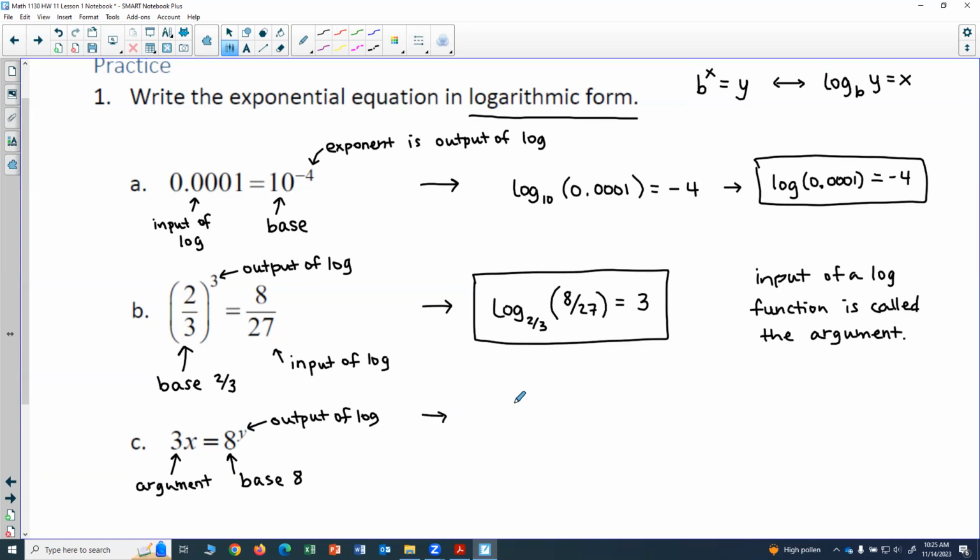So in logarithmic form, I'll have log base 8, because the base stays the same, of 3x equals the exponent y. So we've rewritten our exponential equations in logarithmic form.